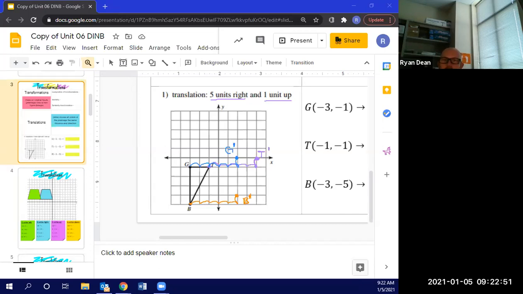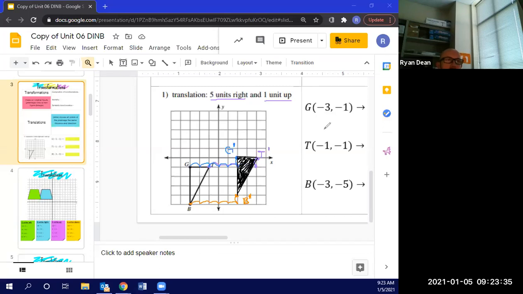Now, once you've got all the new points written out, you can go through and connect the new points together to make your new shape. It's not really a new shape, it's just the same shape in a different location. And typically, when you make your new shape, you want to shade it in. So if you see a shape that's shaded in, that is the image.